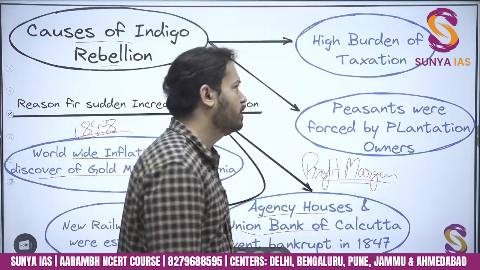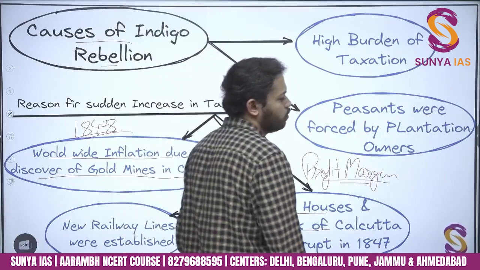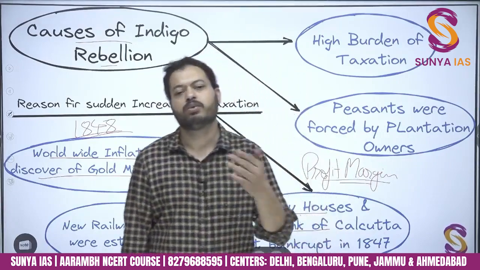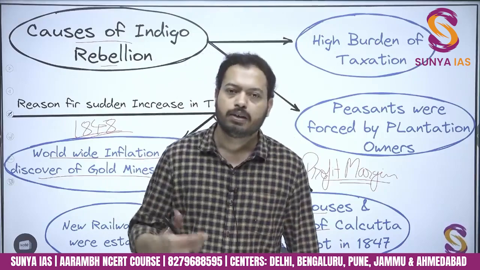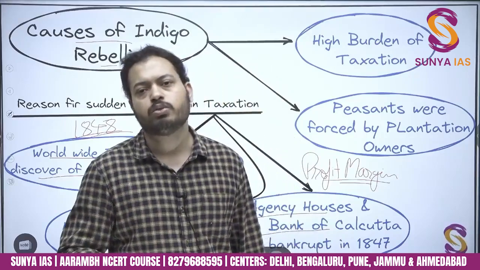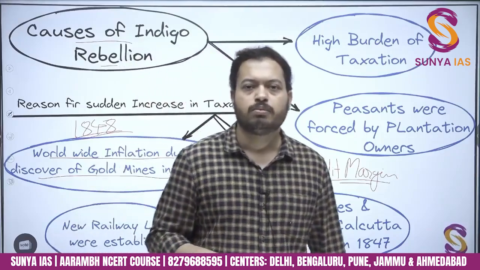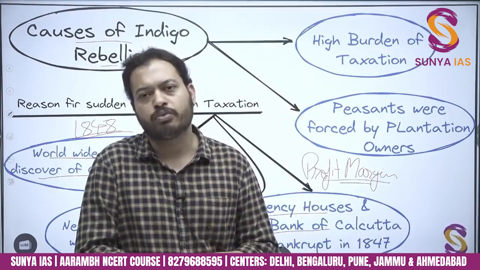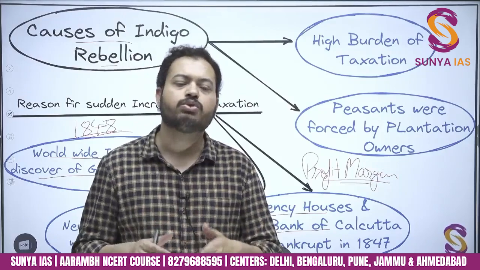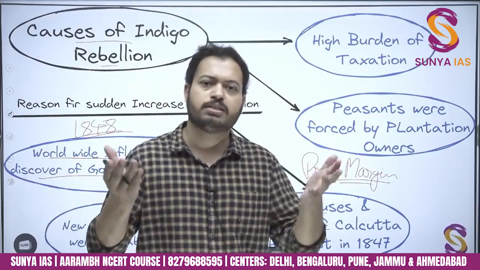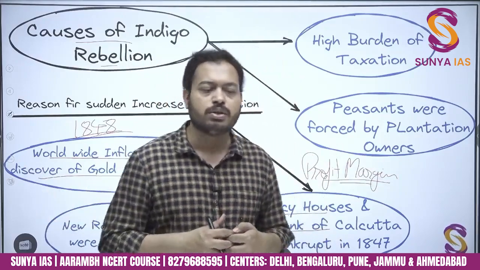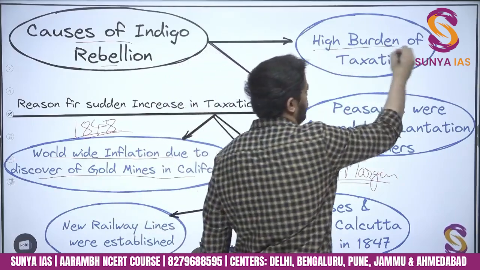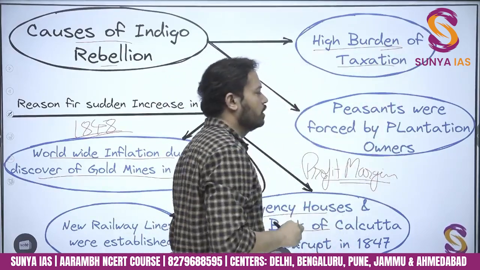So they demanded the locals to produce more indigo, which the locals didn't want to do. The locals were also forced to pay high taxation, because if the money is not coming from the plantation, the Bengal government has to get money from somewhere. So they started raising the taxation in the region.